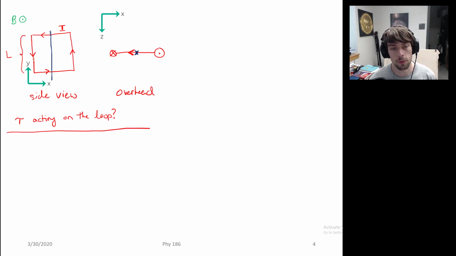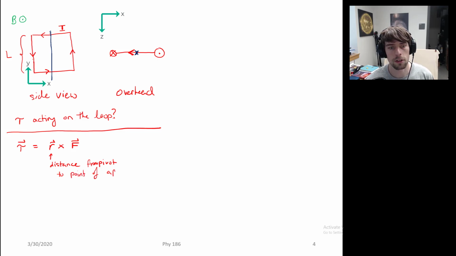First of all, we should probably ask ourselves, what's the definition of torque? It is defined as R cross F. Let's keep in mind that R is the distance from the pivot to the point of application of the force.